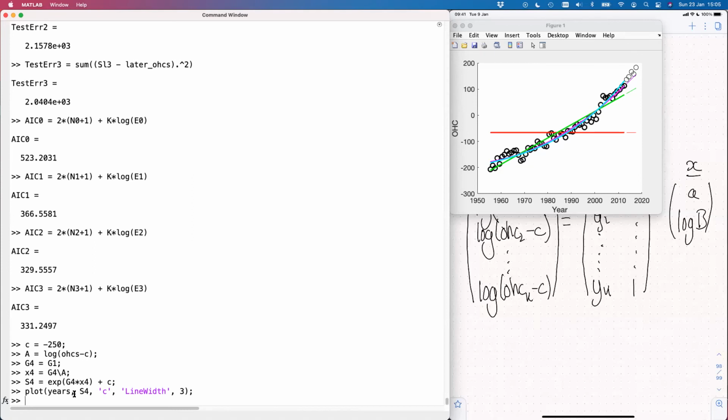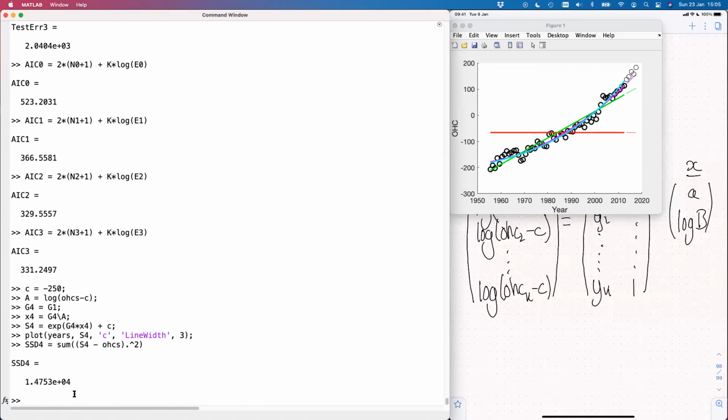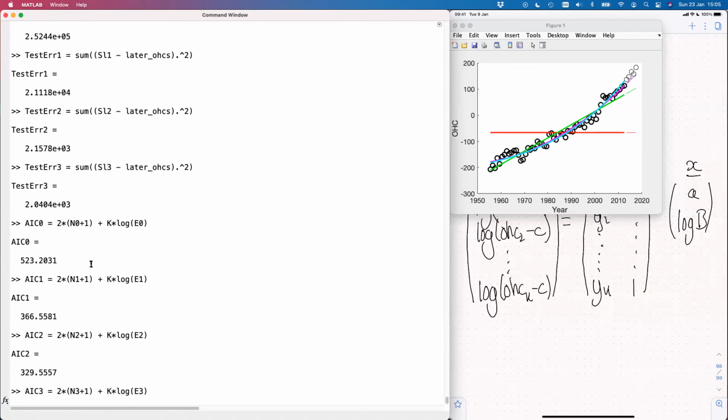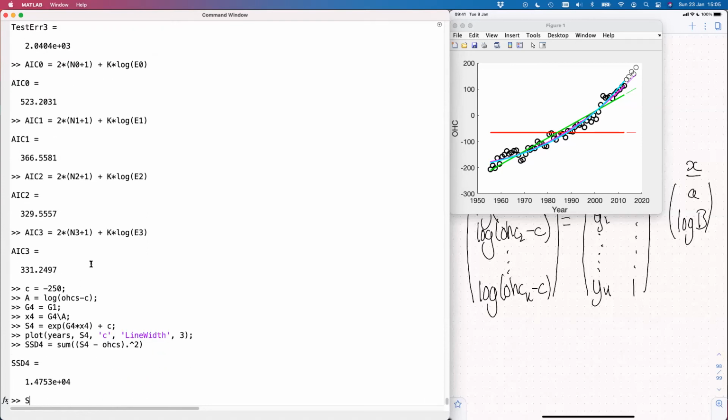I can, of course, also compute the sum of square differences for this new model. Copy one of the older lines, adapt it, and we get, what's that, one, and I think we'll find that's quite similar to the sum of square differences we got for model S3.